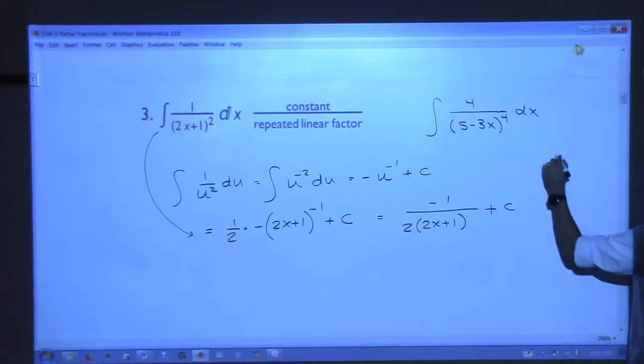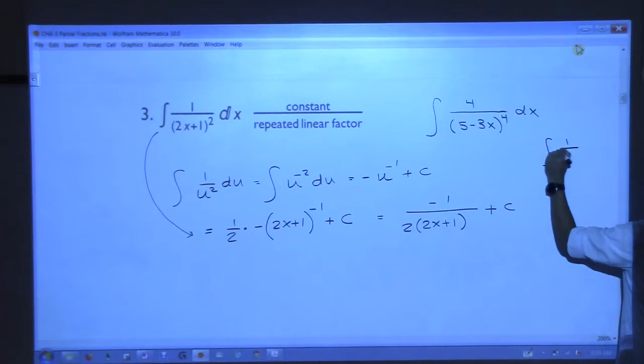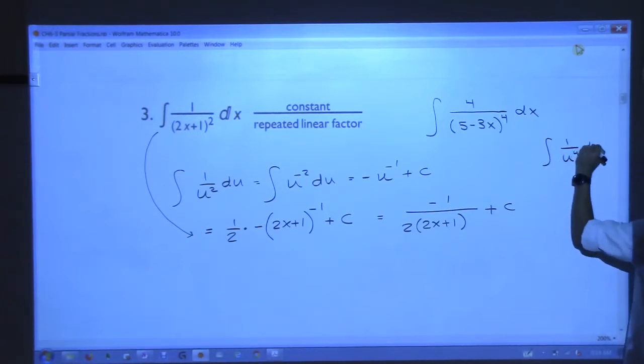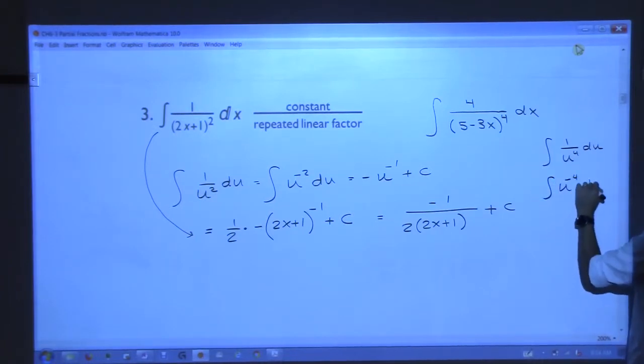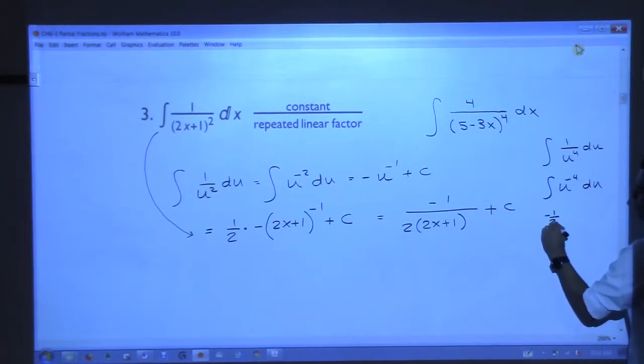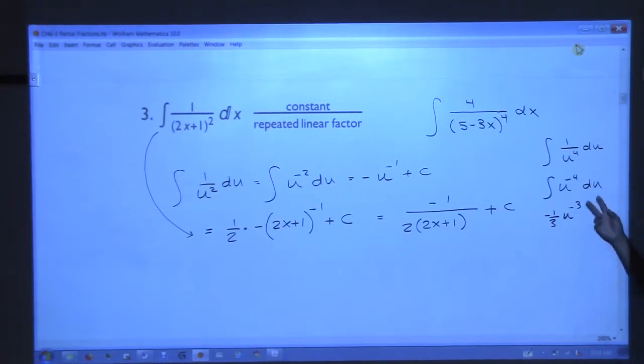And maybe it might be worth it, real quick on the side, just to think about what the antiderivative of 1 over u to the 4th would be. So this is u to the negative 4 du, right? So this would be negative 1/3 u to the negative 3. That's what the antiderivative of this would be, right? So maybe you need to jot that down. That's fine if you do.